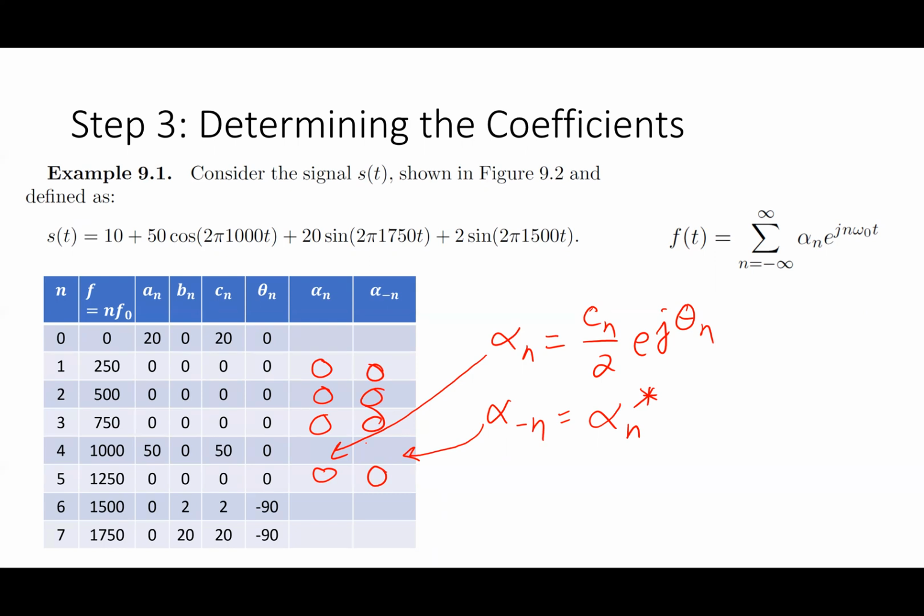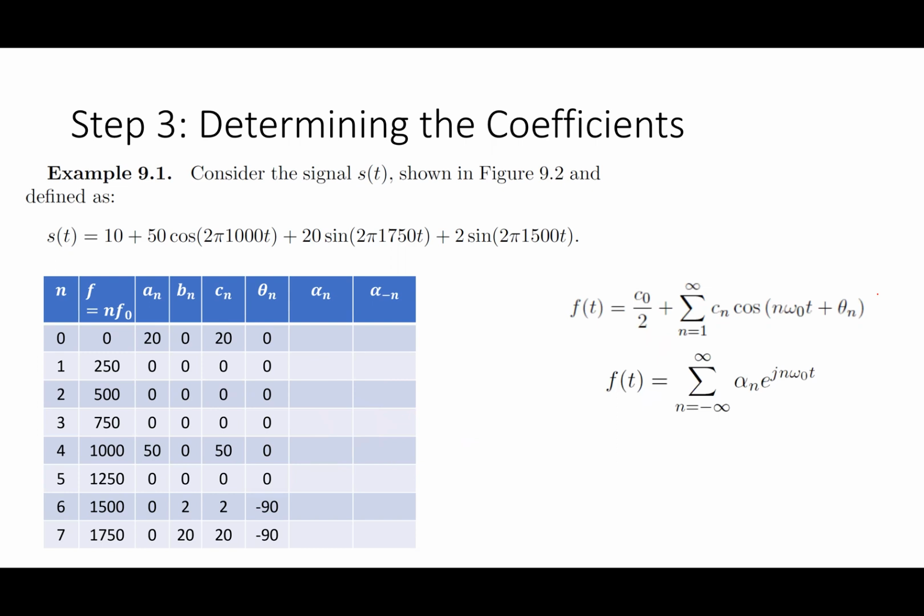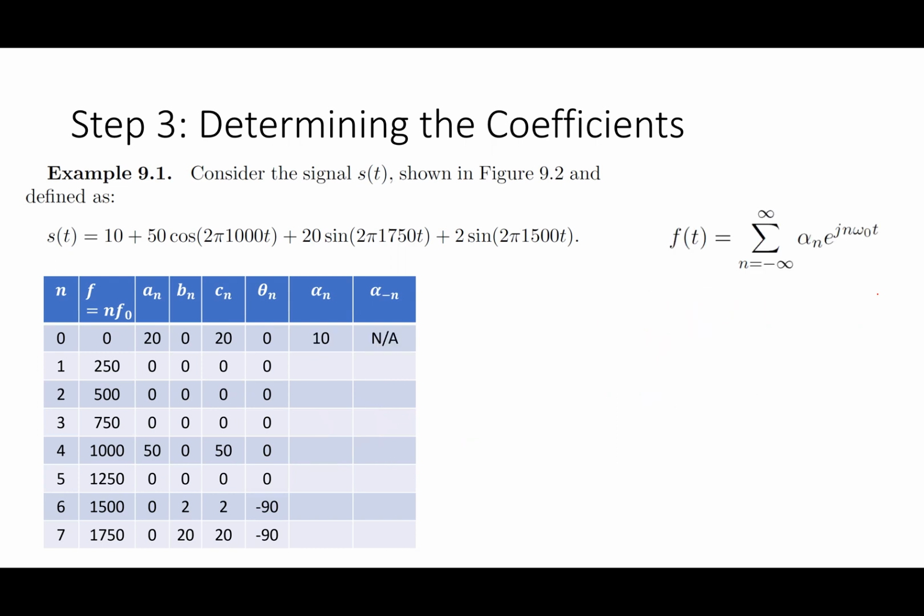Now, what about the DC term here? Well, if I expand this formula out, what I end up seeing is the DC term, this guy is 10, right? Because I basically pattern match between these two, right?